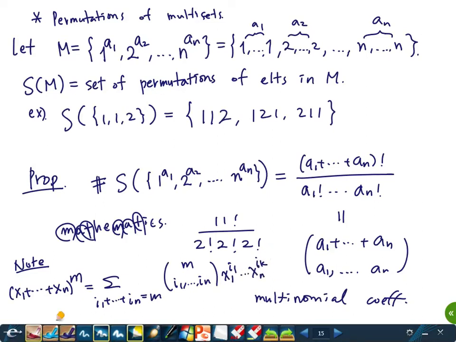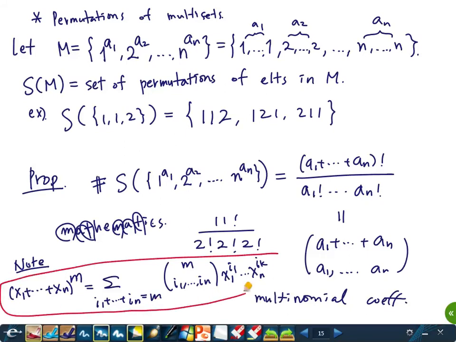So this is called the multinomial theorem, which can be proved the same way as the binomial theorem. Now this is why it's called the multinomial coefficient. It is the coefficient of this expansion.